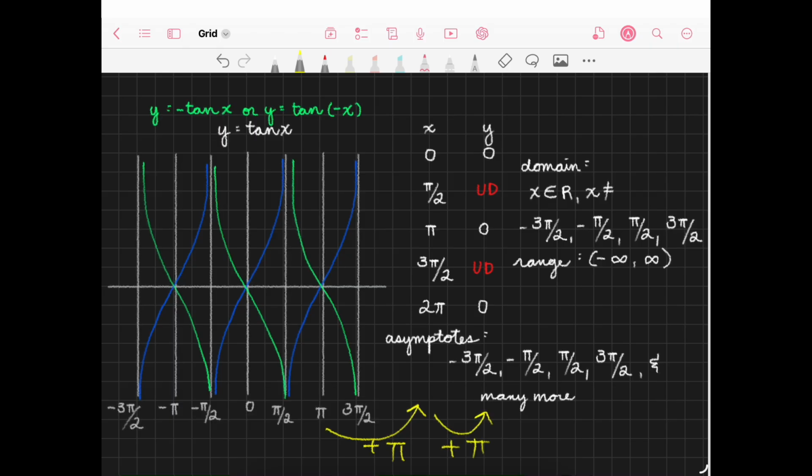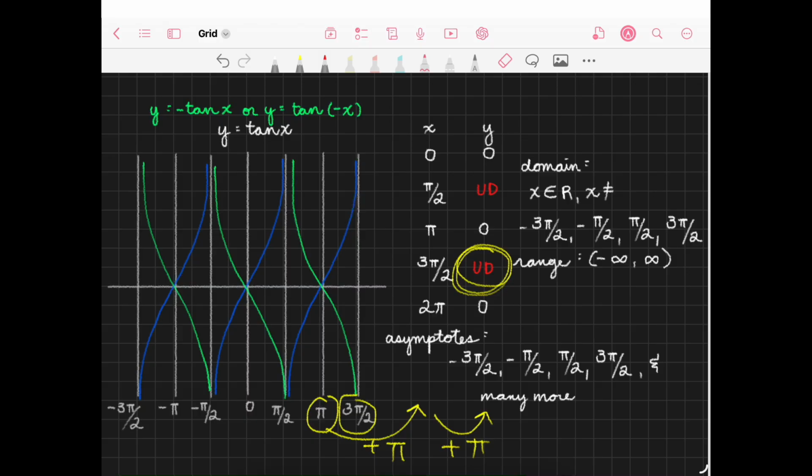And then we also have undefined values. After y is equal to 0, there's a case where it goes up infinitely. So this is why, let's say from pi to 3 pi over 2, it becomes undefined.